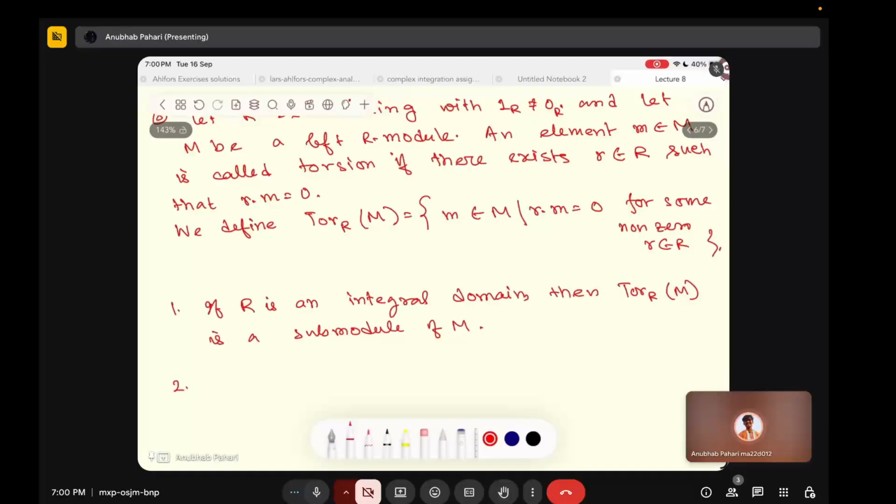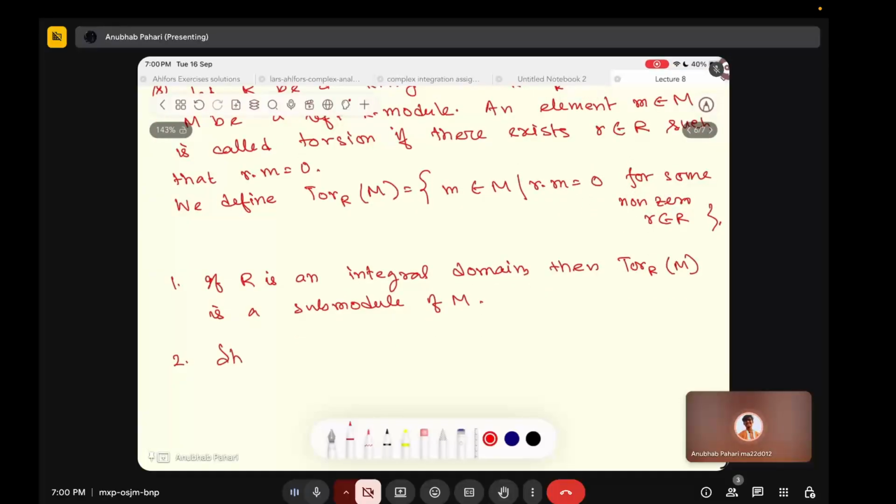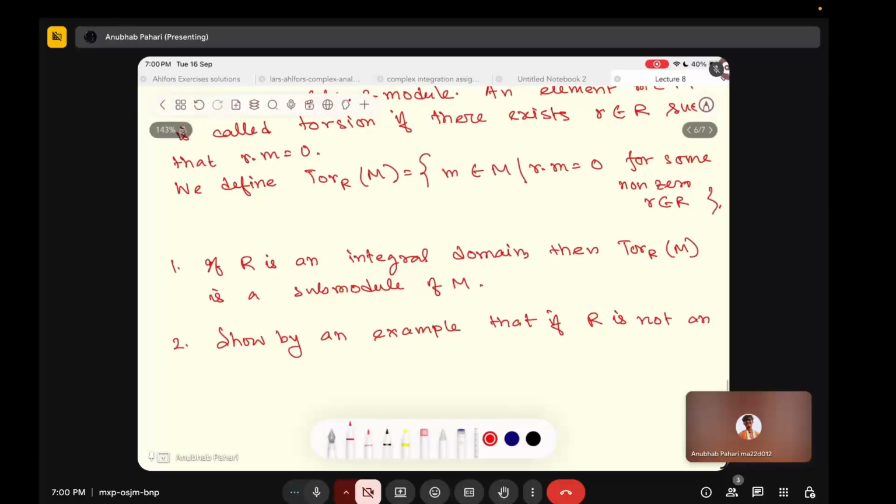Now the second one, show by an example that if R is not an integral domain, then the torsion set need not be a submodule.